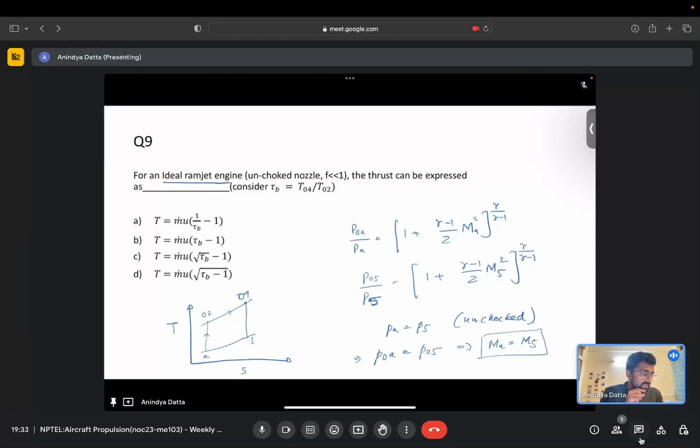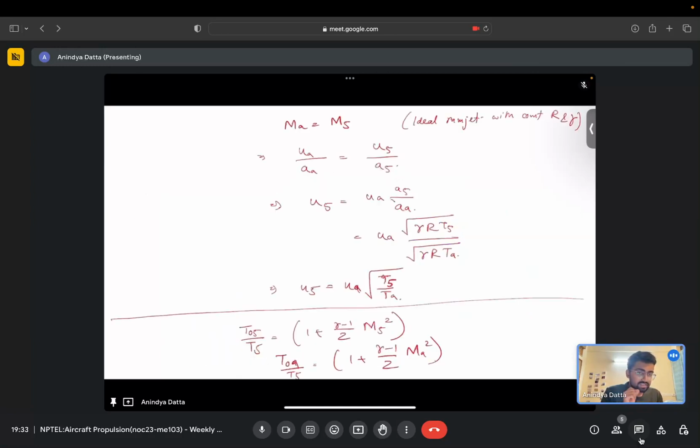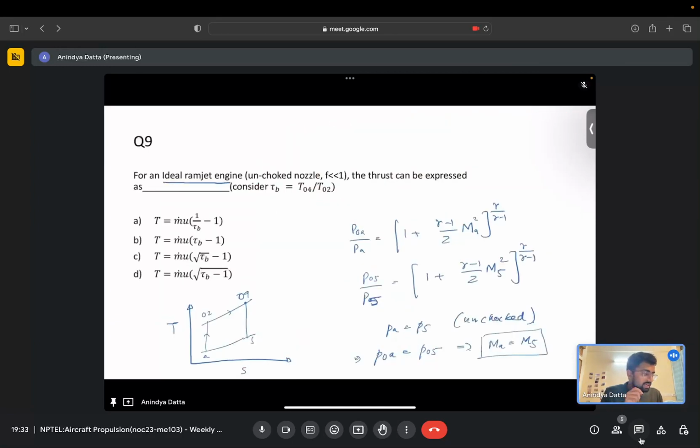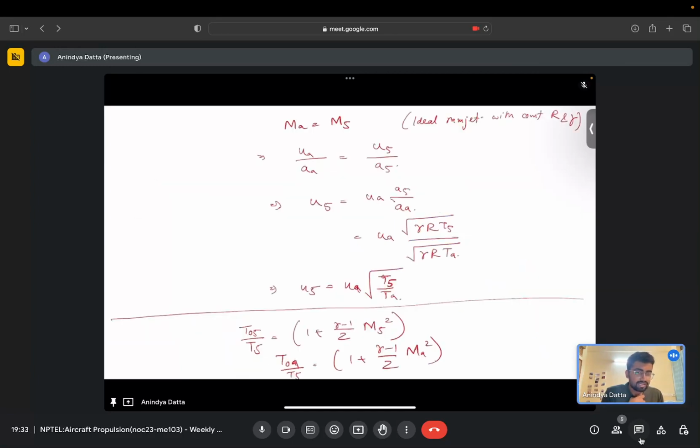So for an ideal ramjet we should remember, if the nozzle is unchoked then we can write the pressure ratio, and from that, since PA is equal to P5, we come up with the condition that the Mach number at inlet and exit has to be equal, okay. So since the Mach number at inlet and exit are equal, we write this in terms of the velocity ratio, local velocity divided by local sonic speed, okay.